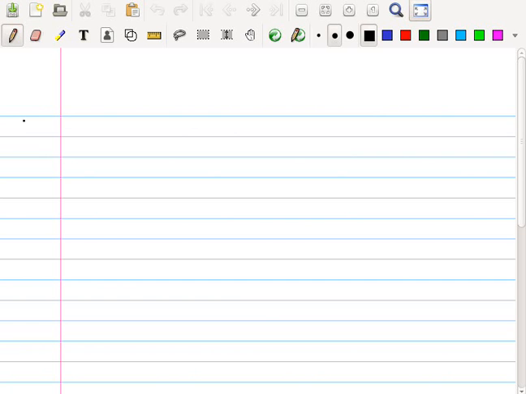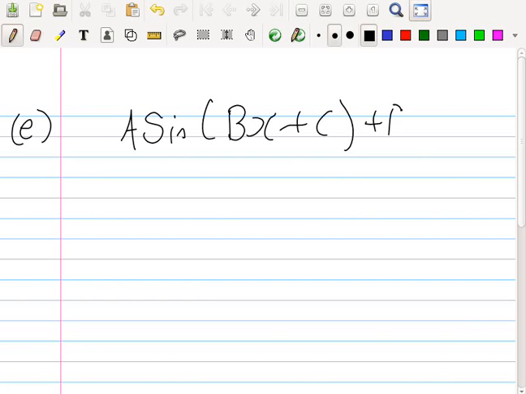So, E firstly. Are we ready? Because I'm going to go through them quickly, okay? So, firstly, we'll find the A. If you look at this graph in E, what's the maximum?